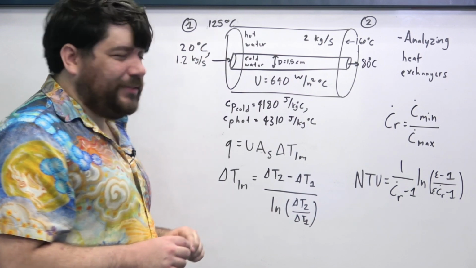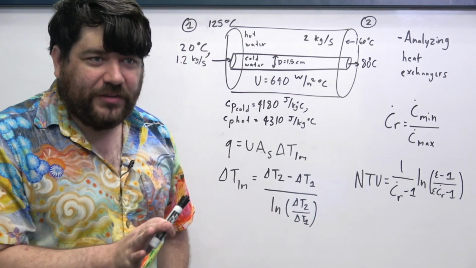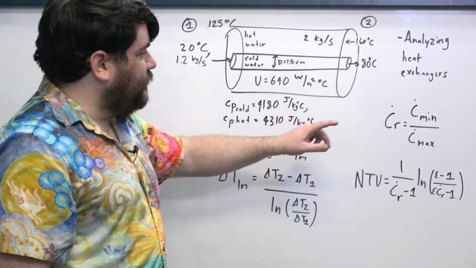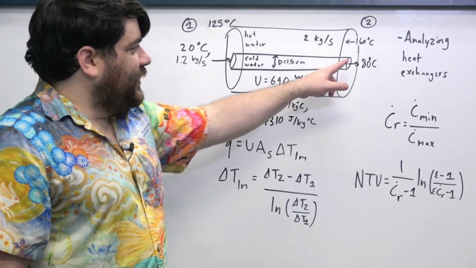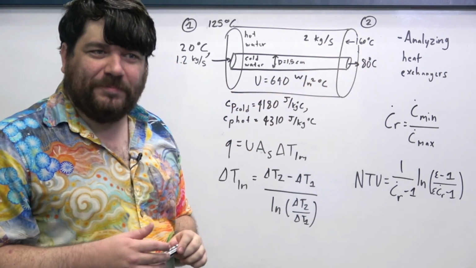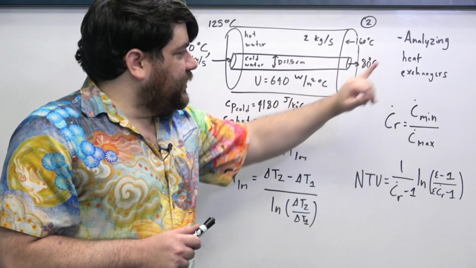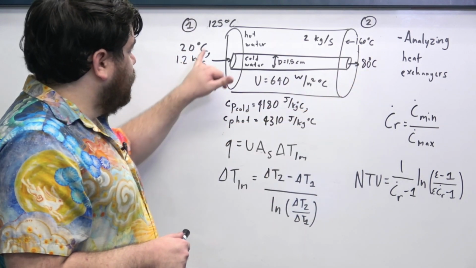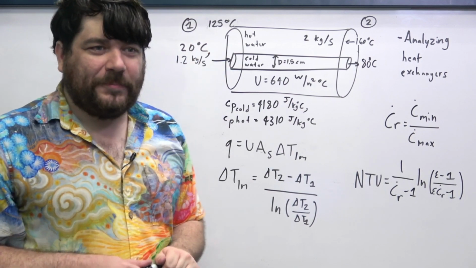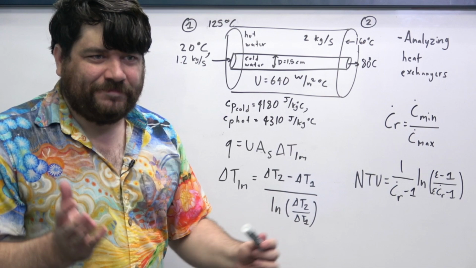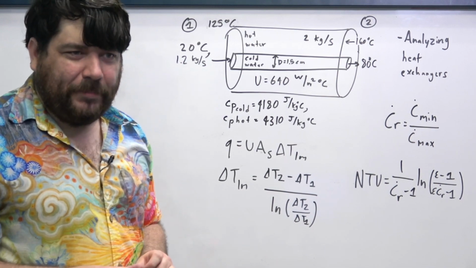Over here, following the same convention, if you define the delta T as hot liquid minus cold liquid, you have to follow the same idea, right? So 160 minus 80, that's my delta T2. And my delta T1 is 125 minus 20. So you just plug in those values in here, and then you wind up getting a delta TLM.